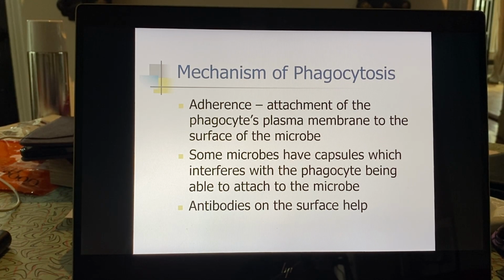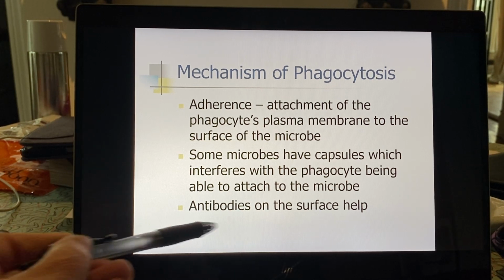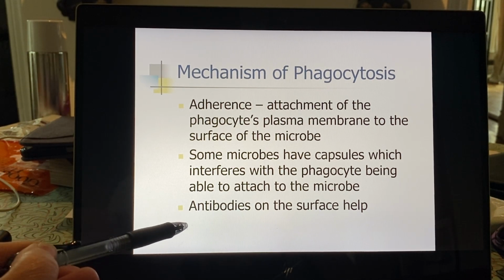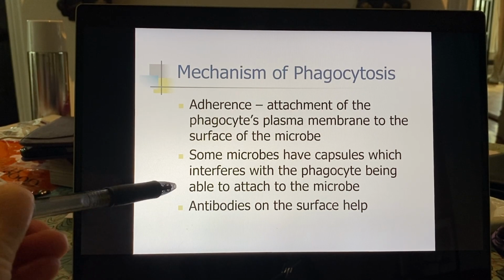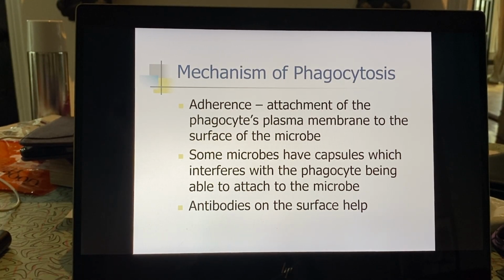One of the things that really, really helps, and we're going to talk a lot about antibodies in chapter 17, is that any cell in your body that has an antibody on it is a huge signal to a phagocytic cell. It's basically waving a big flag that says, hey, I have an antibody sticking to me, I am bad, you need to eat this and get it out of my system.